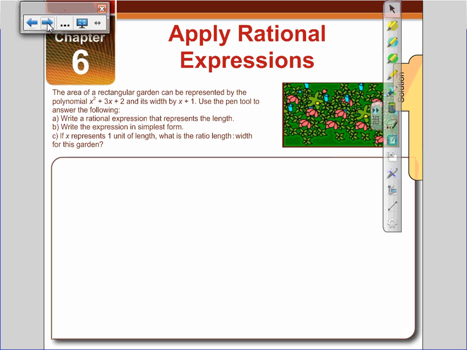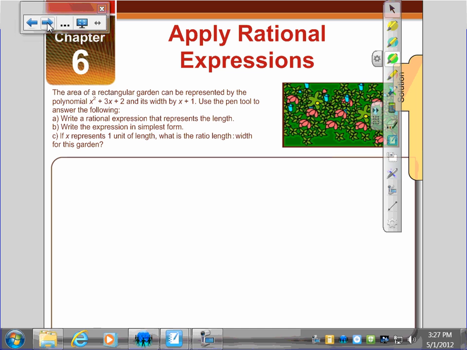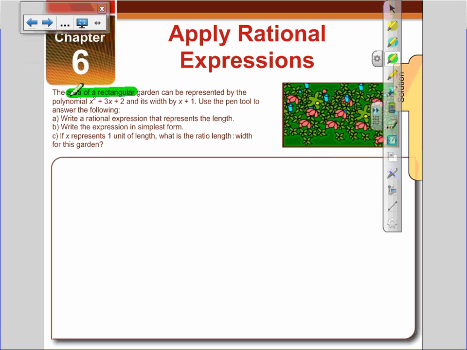You'll also be involved, or do some questions involving area. And so in this question, we're told that the area is given by that, and the width is given by that. And excuse me, question A says, find a rational expression to represent the length. Well, length is area divided by width.